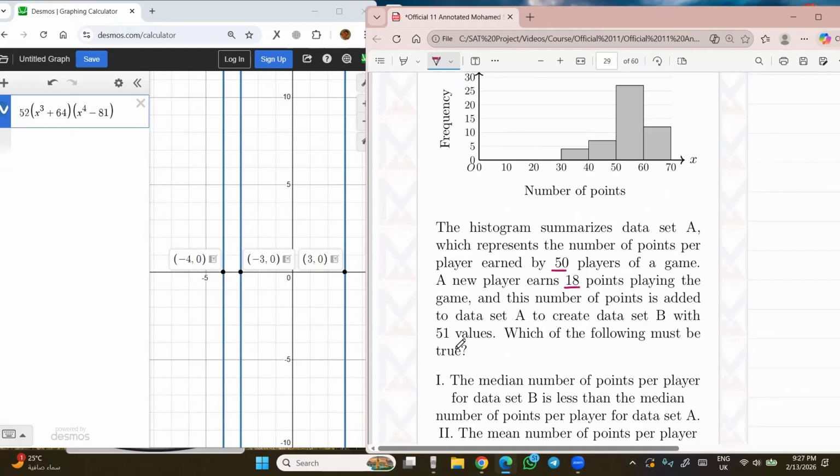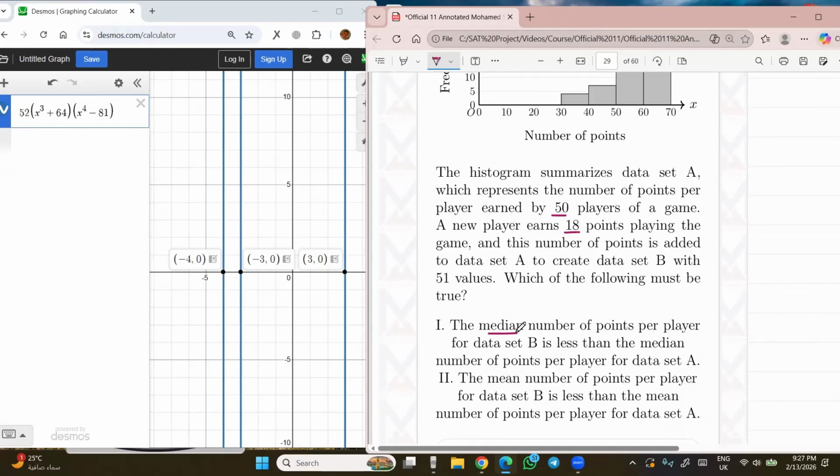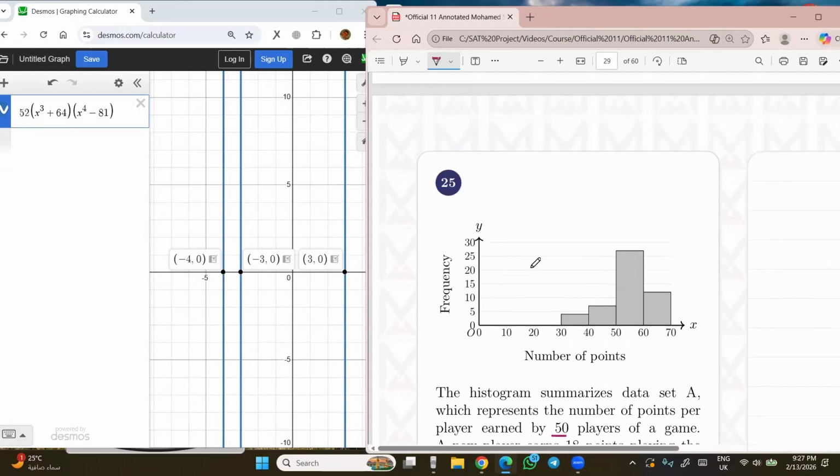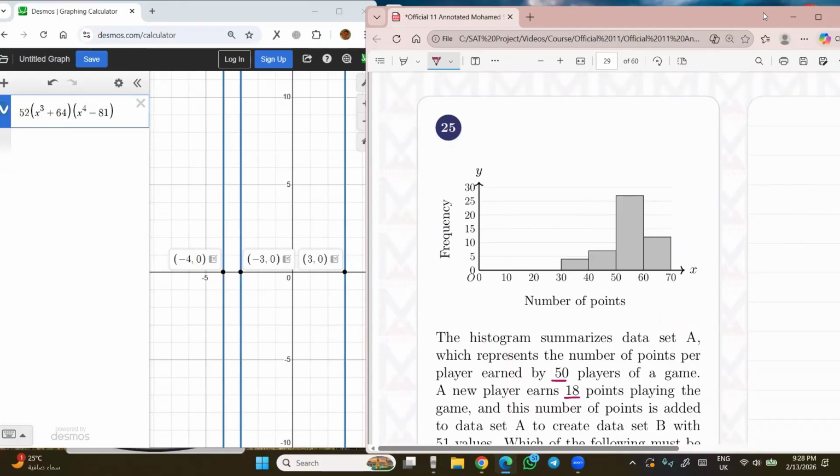Which of the following must be true? The median of B is less than the median of A, and the mean of B is less than the mean of A. How can we calculate this? No need to calculate. By the way, no need for calculation.